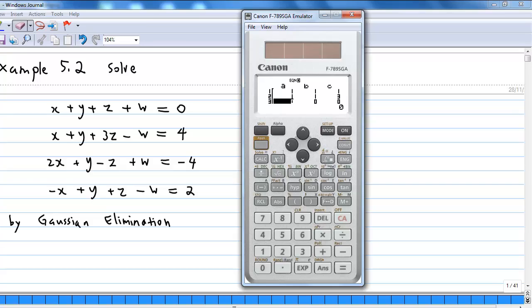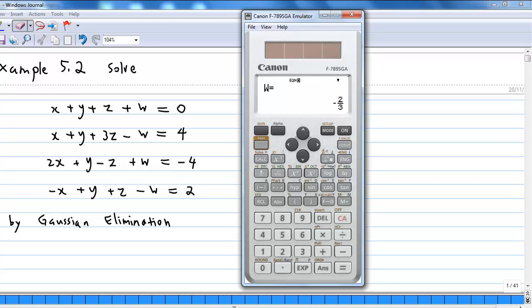Third equation is 2, 1, minus 1, 1, minus 4. And the fourth equation is minus 1, 1, 1, minus 1, 2. And then you press equal.